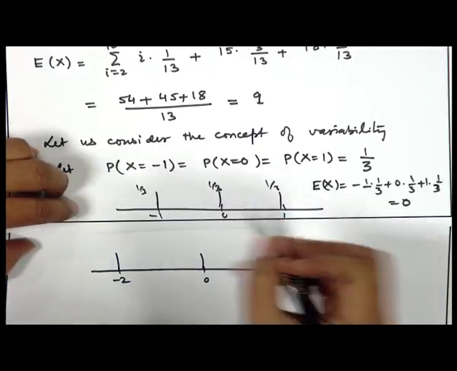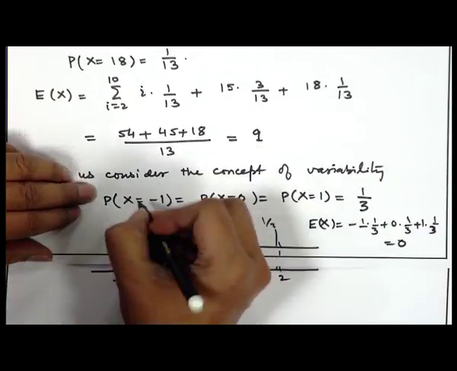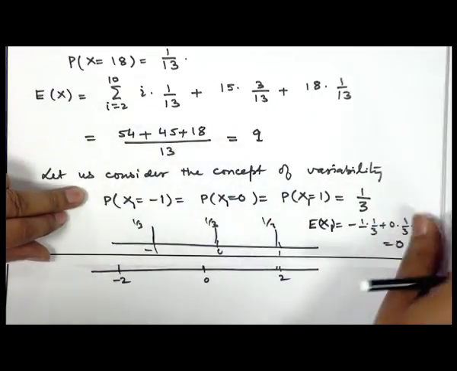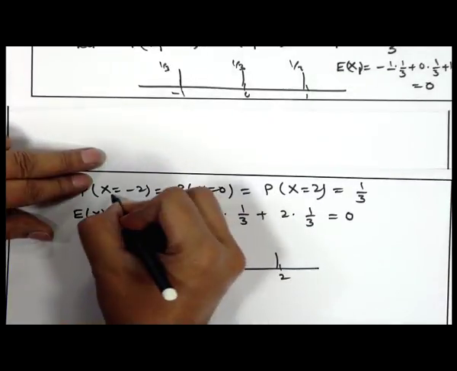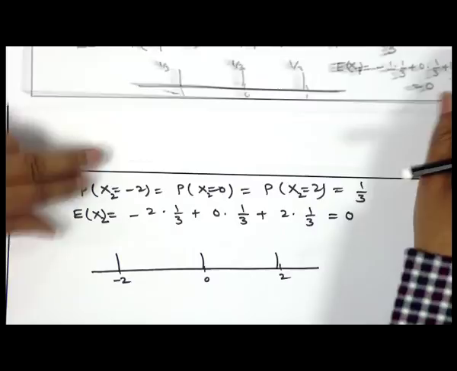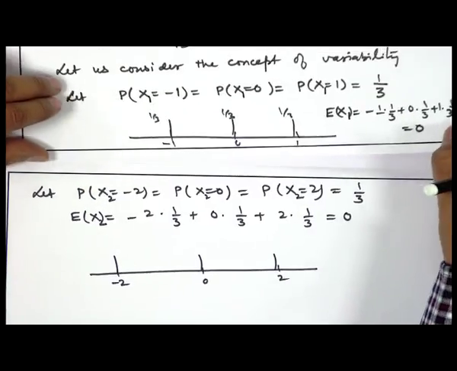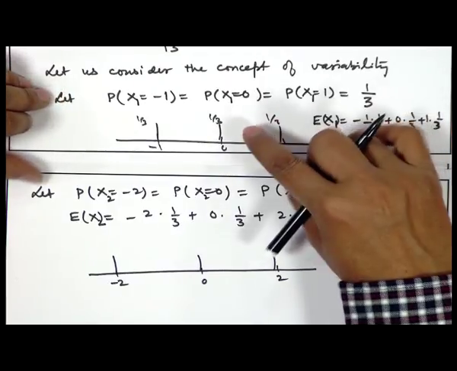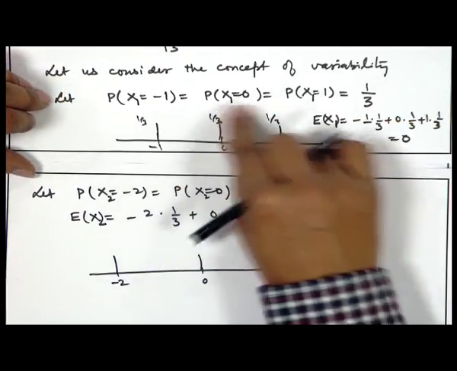Let me rename these variables. So, I call this as x1 random variable, and this random variable I call x2 random variable. Then what we are observing is that expectation of x1 and expectation of x2 is 0, and the random variable x1 gives equal probability to -1, 0 and 1.